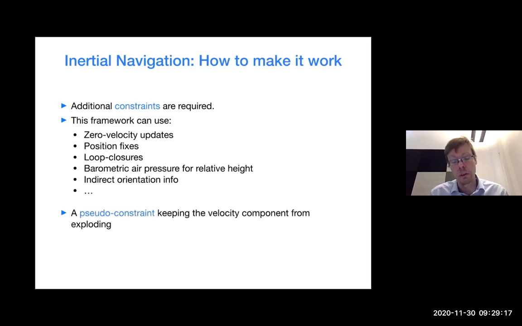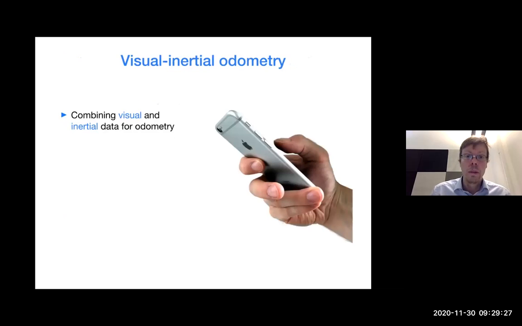And one can also use these kind of priors as pseudo constraints, that we know that there cannot be arbitrarily large velocities. But the additional information that we have mainly used comes from the camera.